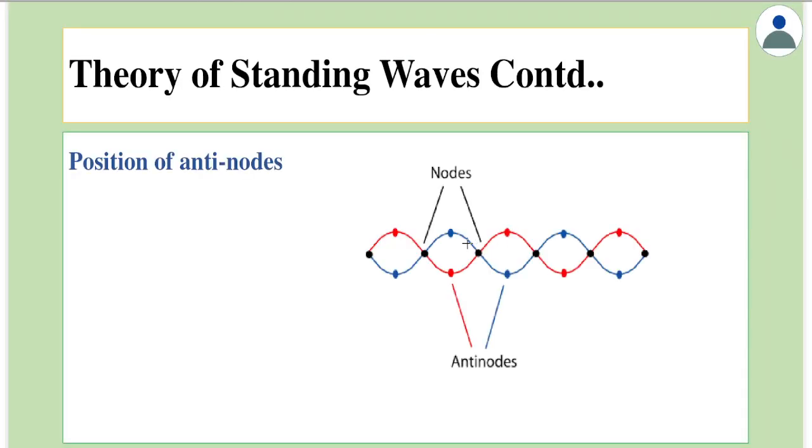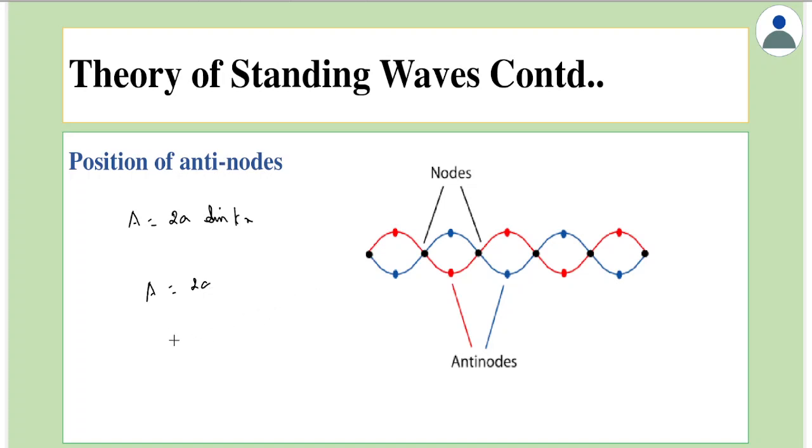We will find out the points where the amplitude is maximum, where the resultant amplitude was given as 2a into sine of kx. Suppose we take a point where this amplitude is equal to 2a.